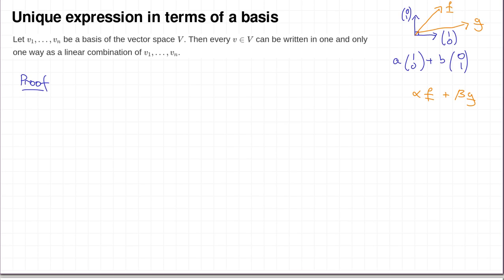So what our statement here says is that if you have any basis v1 up to vn of a vector space V, then every element of V can be written in one and only one way as a linear combination of v1 up to vn. The fact that this element v in V can be written as a linear combination of v1 up to vn is just true because a basis has to be, in particular, a spanning set.